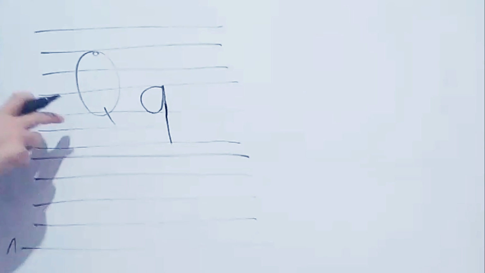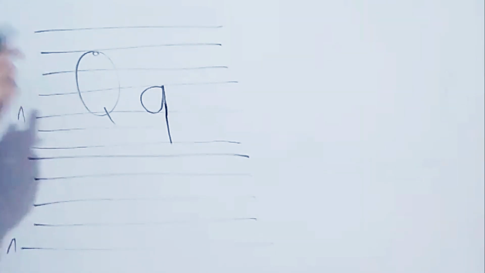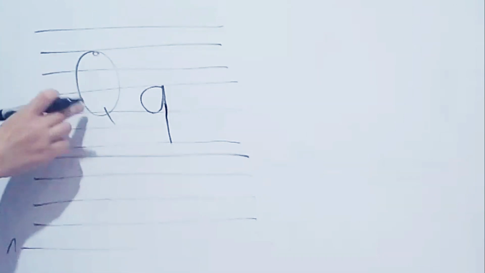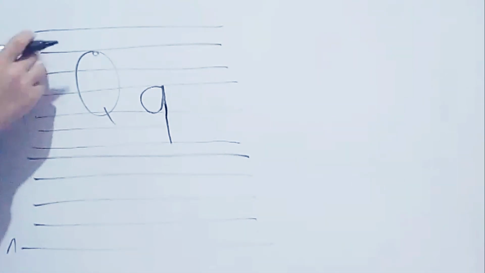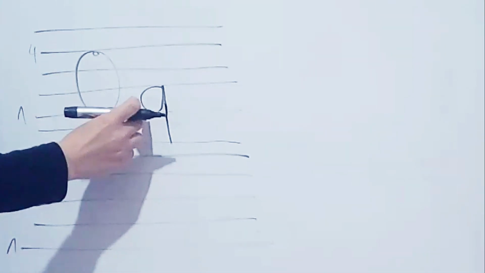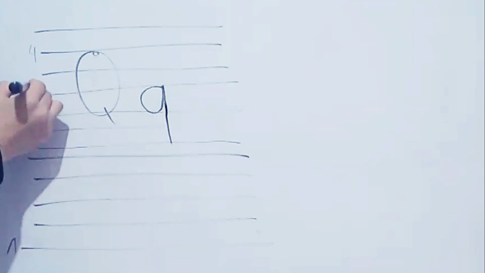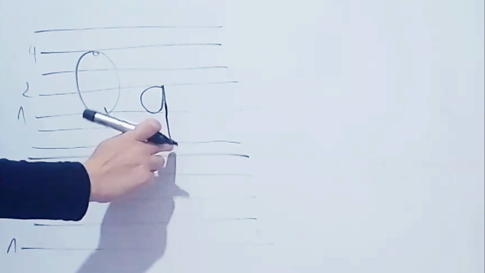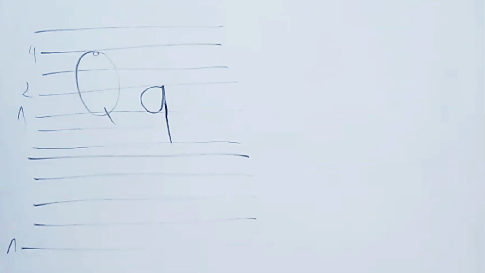So, the capital letter, without S, it's not plural, of course, goes to the fourth line. The small letter goes to the second line and goes down to the second one also. This is Q.